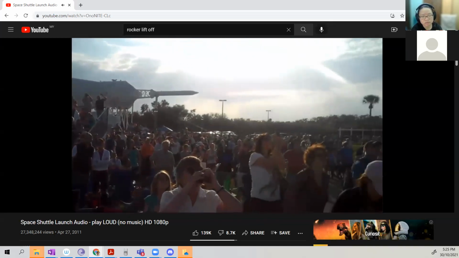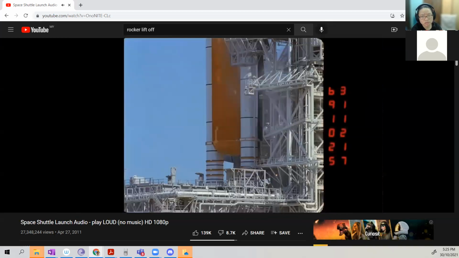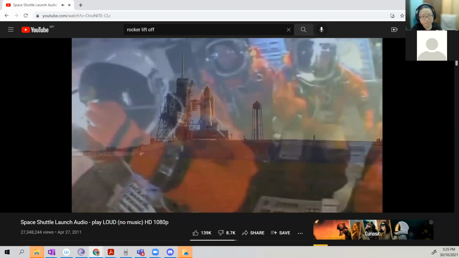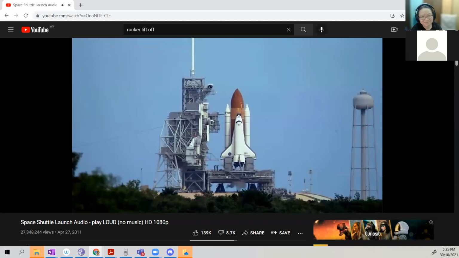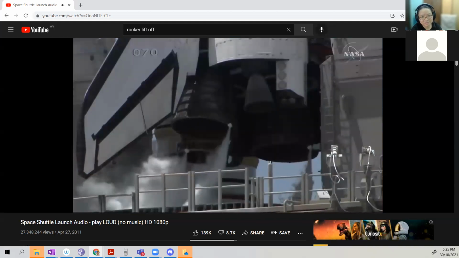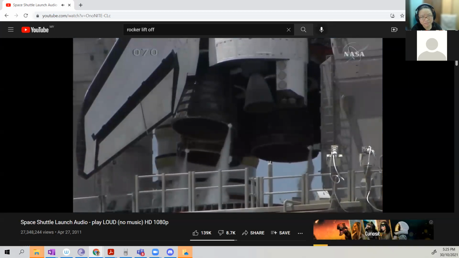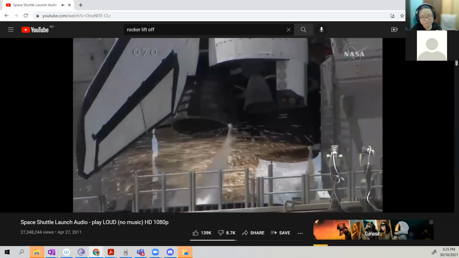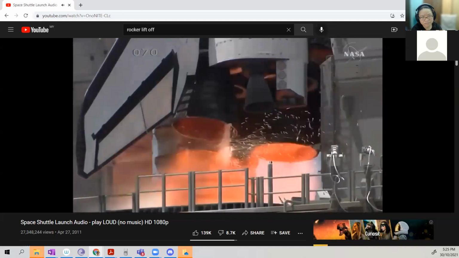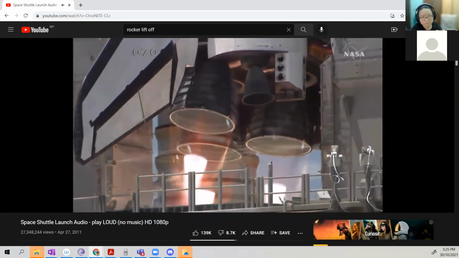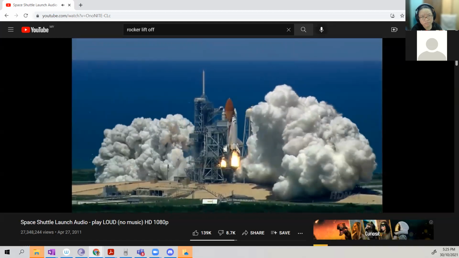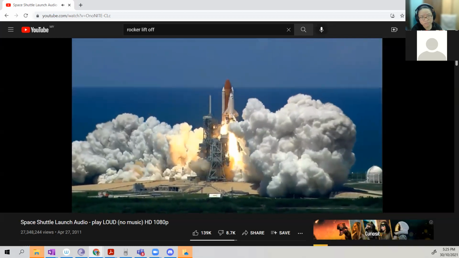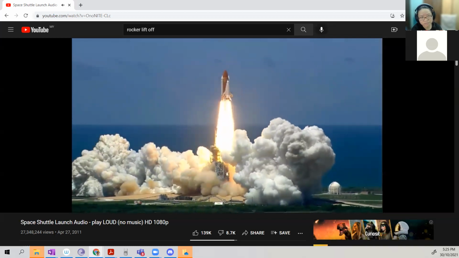And we have a go for auto sequence start. Discovery's onboard computers have primary control of all the vehicle's critical functions. T-minus 17 seconds and counting. 15, 12, 11, 10, 9, 8, 7, 6, start, 2, 1, booster ignition, and liftoff of the Space Shuttle Discovery, returning to the space station, paving the way for future missions beyond.